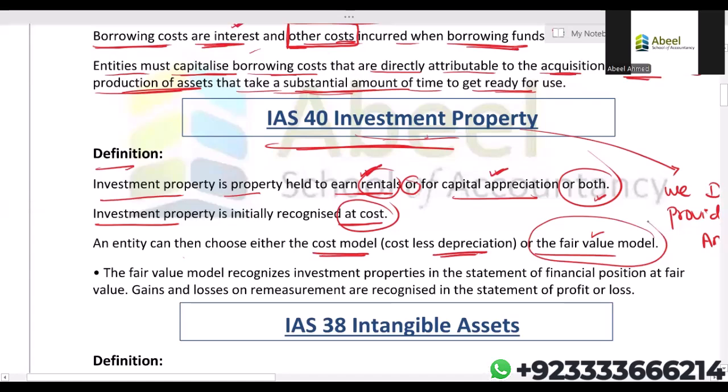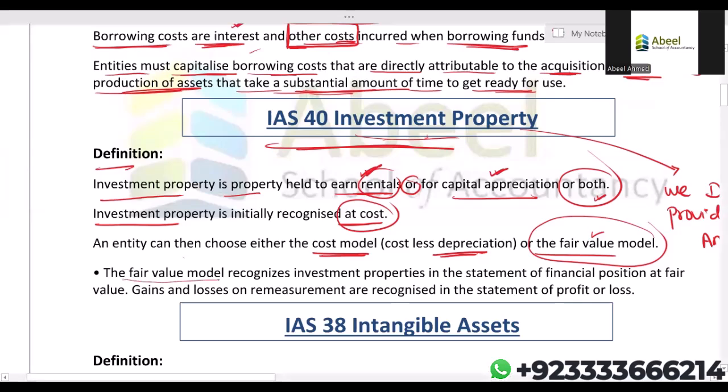If you have made an investment, obviously you will always be interested to know what is the fair value of your investment today. Actually, nobody is interested to know how much you paid to buy that investment. In case of investment, obviously everyone is interested to know what is the fair value of the investment property today. So even though both the models are available, it is more logical in case of investment properties to follow fair value model rather than the cost model.